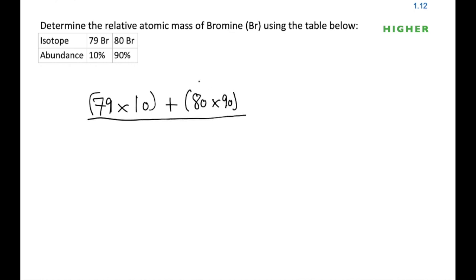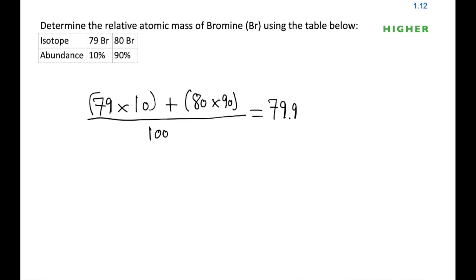And what we write for our denominator is a sum of the abundances, which is simply 10 plus 90, which is 100. And if you type in the numbers on your calculator correctly, you will get an answer of 79.9 as the relative atomic mass of bromine.